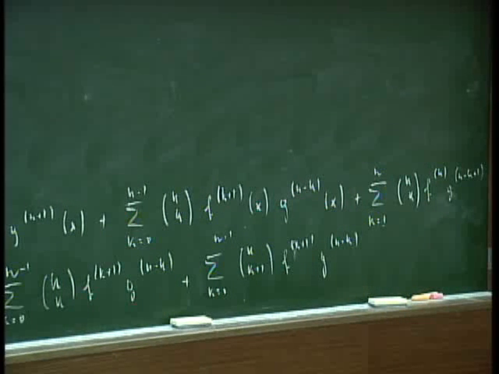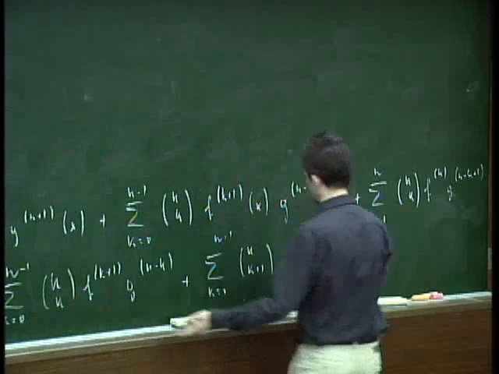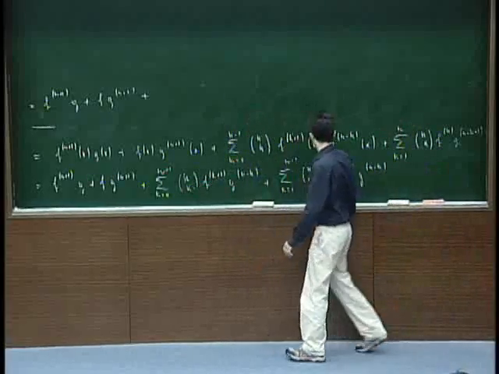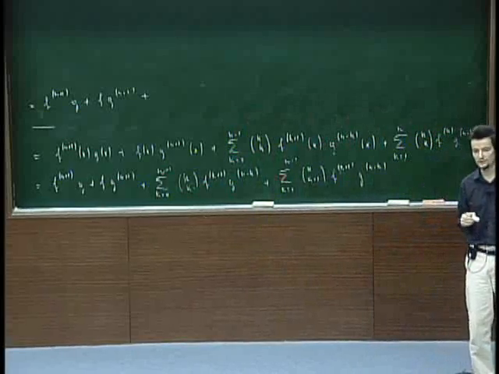Okay, so I will continue here. So we have f n plus 1 g plus f g n plus 1 plus. So you see this term is the same here for both. And you know that n choose k plus n choose k plus 1 is equal to n plus 1 choose k plus 1.